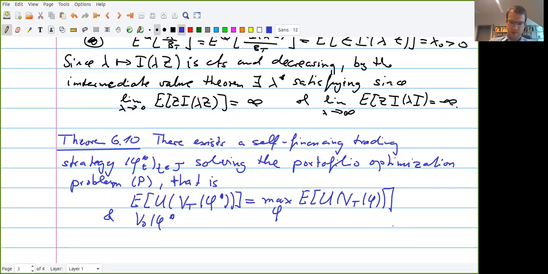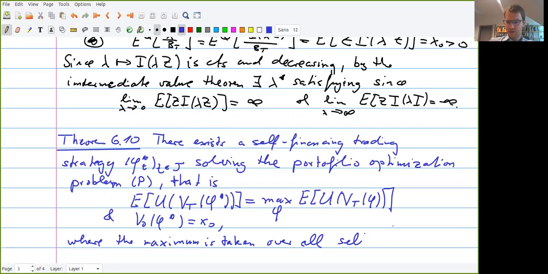Right, and phi prime has to fulfill our linear constraint, so it has to be x0 at the beginning. And here, the supremum, as I said, or the maximum, because the supremum was attained, so it's a maximum, taken over all self-financing trading strategies.